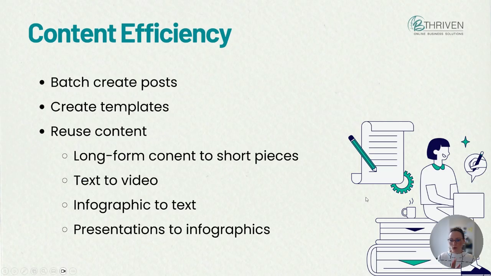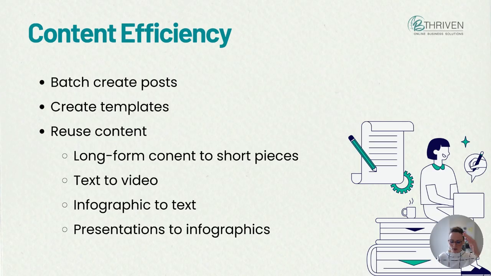Content efficiency. So firstly, instead of creating one post at a time and just whenever you think of it right now or in the evening on the couch, have a content calendar and have it all ready for 1 month, or maybe bi-weekly, just to make it easier for yourself. There is actually a strategy behind it.